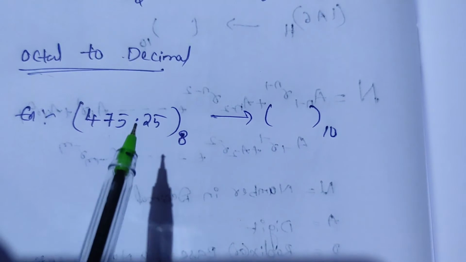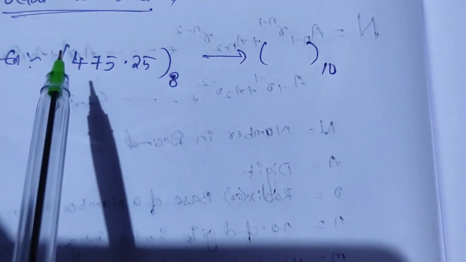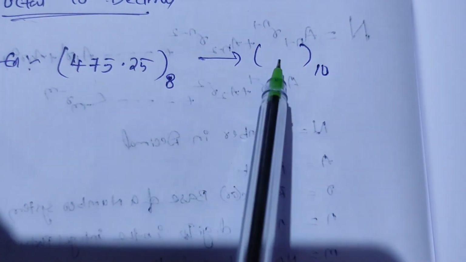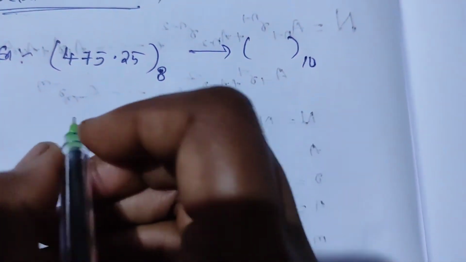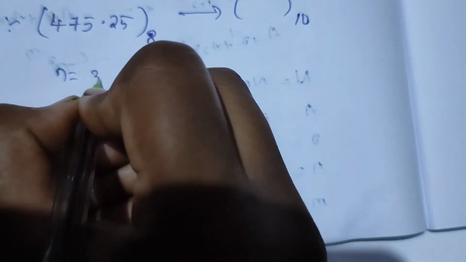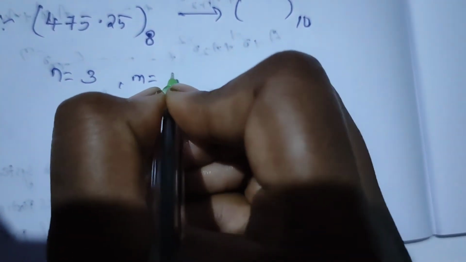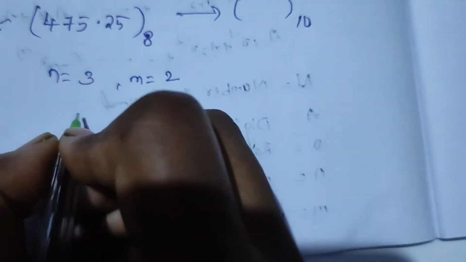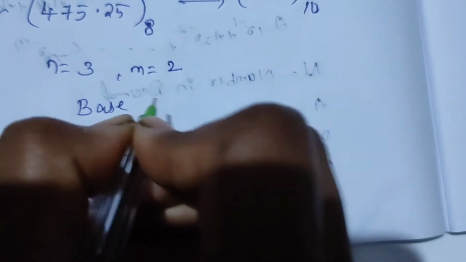Now, let us take an octal example to be converted to decimal using the formula. So, n is equal to the number of integer digits, n is equal to 3, and fractional digits m is equal to 2, and we know base is 8. So, substituting in the formula, I am doing it.